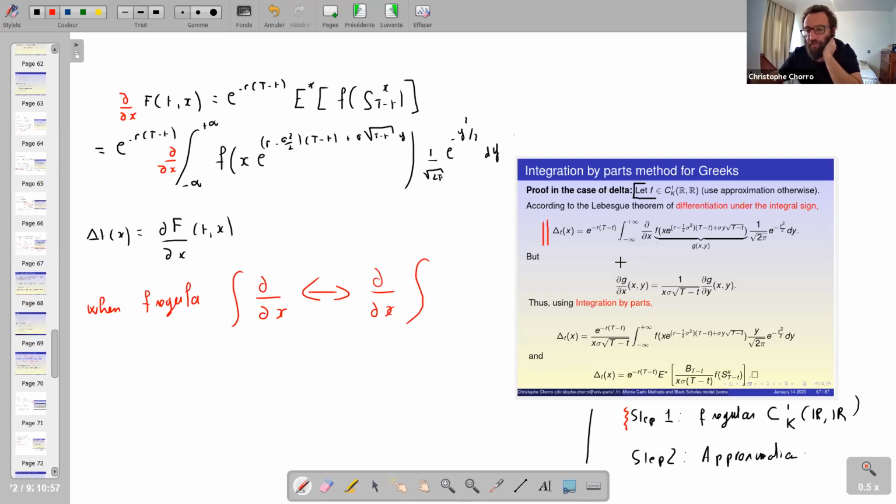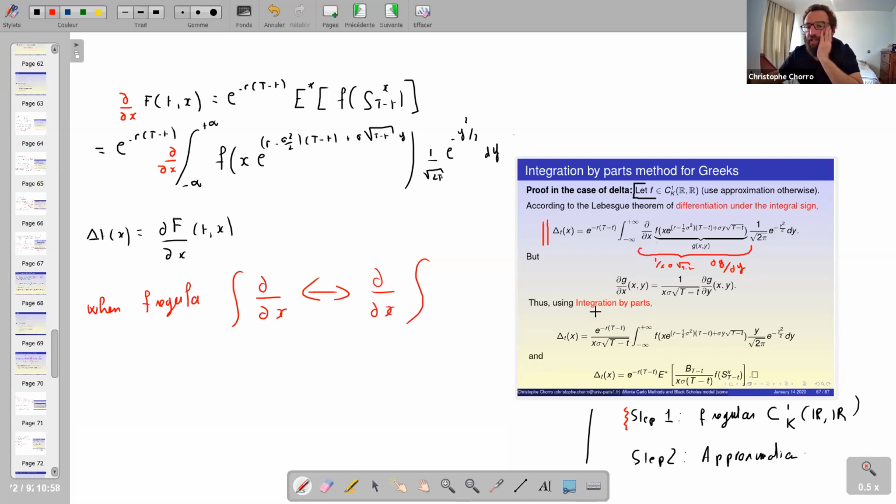And what is nice if you do this is that you can replace this derivative here by 1 over x sigma square root of (capital T minus t) multiplied by the derivative of j with respect to y. Now you remove the derivative with respect to x and change it into a derivative with respect to y, and now you can apply an integration by part, because you will have u prime v.